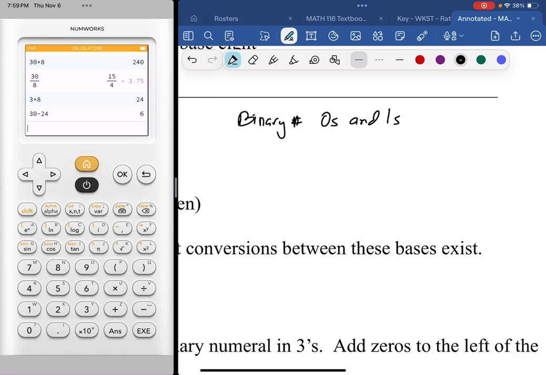If I have a single binary digit, which is known as a bit, that could be a 0 or a 1, right? If I have two binary digits, you could have anything from 0, 0 to 1, 1.